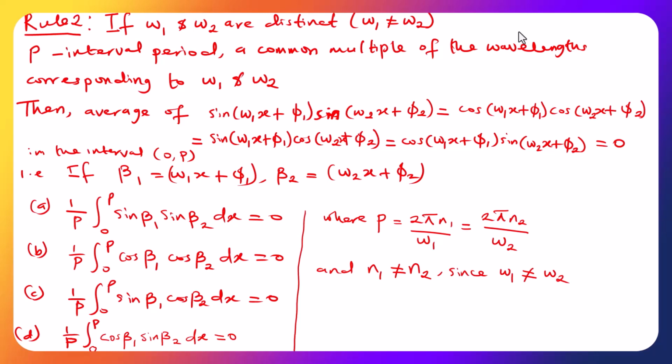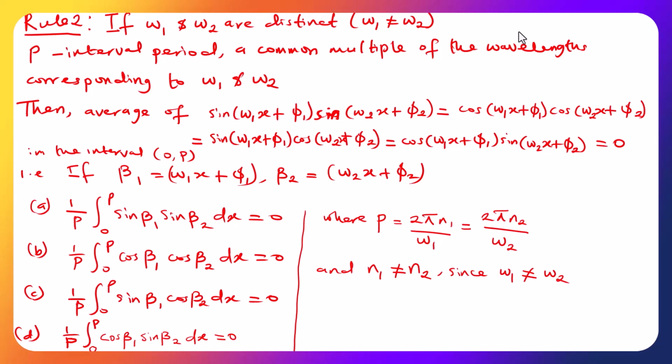That is, if we let beta 1 equal omega 1 x plus phi 1 and beta 2 equal omega 2 x plus phi 2, then we have that (a) 1 over p integral 0 to p sine of beta 1 sine of beta 2 dx equals 0.